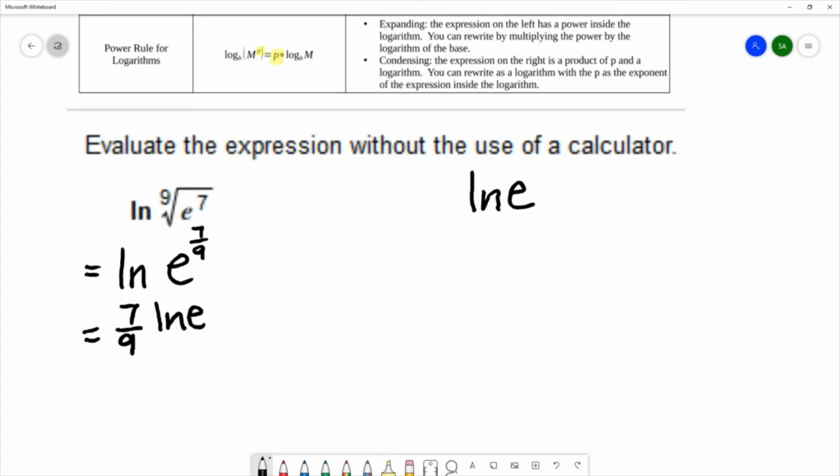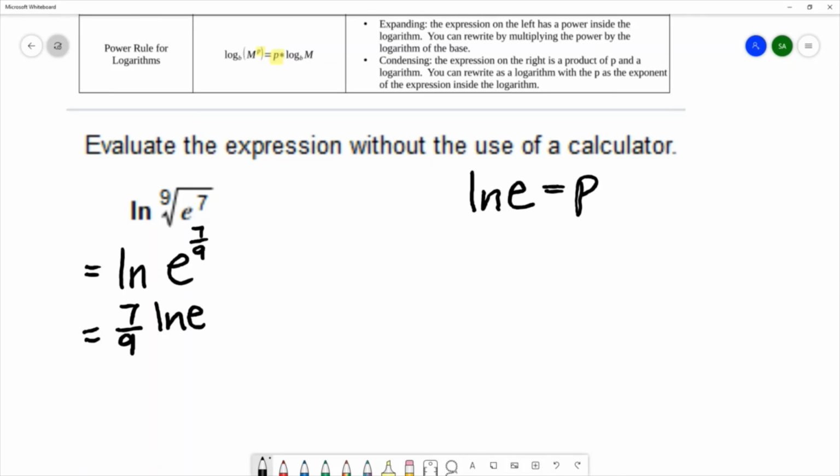So whenever I don't know what a logarithmic expression equals, I'm going to let it equal some value of p. And I chose p for power because logarithms always equal powers or exponents. So to simplify this, I'm going to try rewriting this as an exponential.